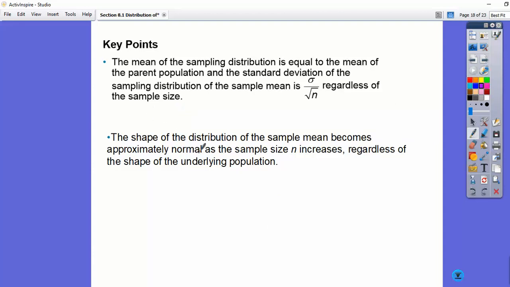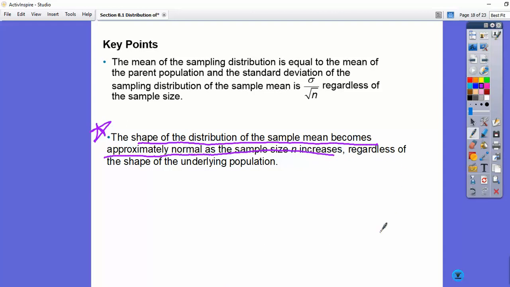So the big thing here is this one. We talked about that top point yesterday, how the mean of the sample mean is the same as the original. The shape of the sample mean becomes approximately normal as the sample size increases.